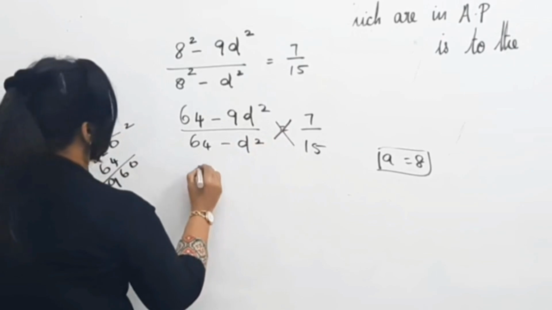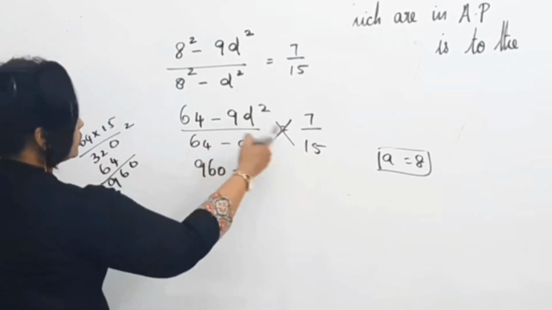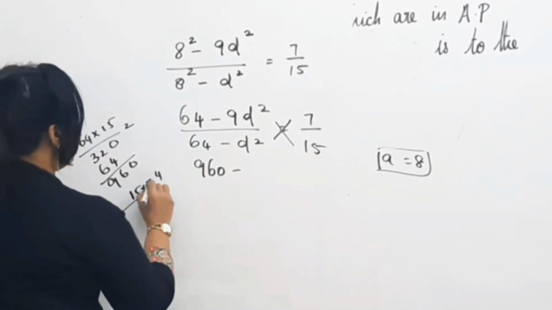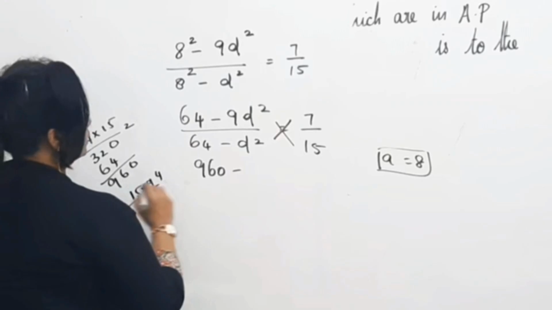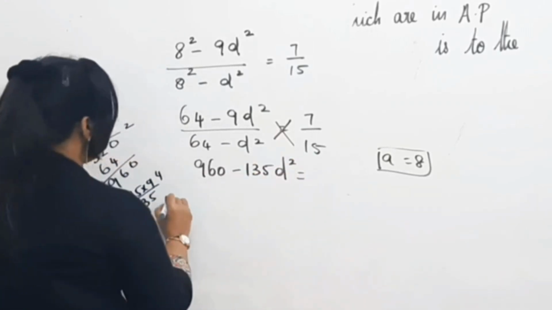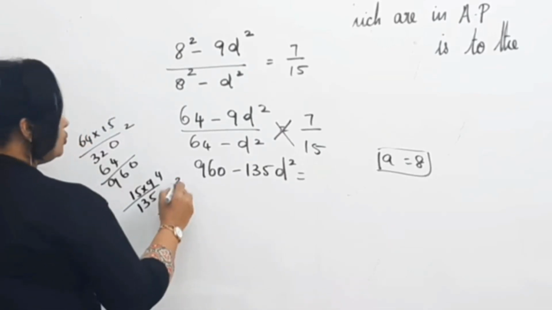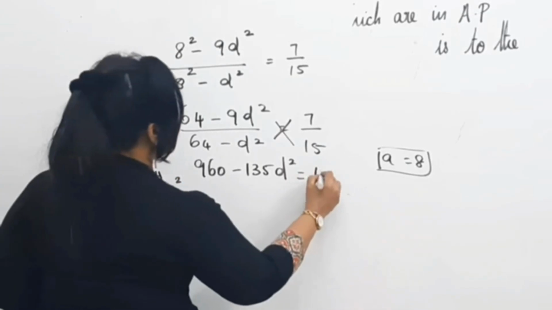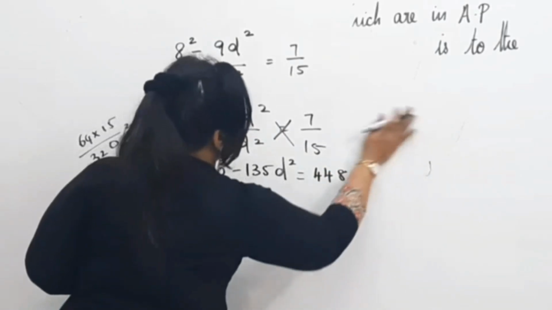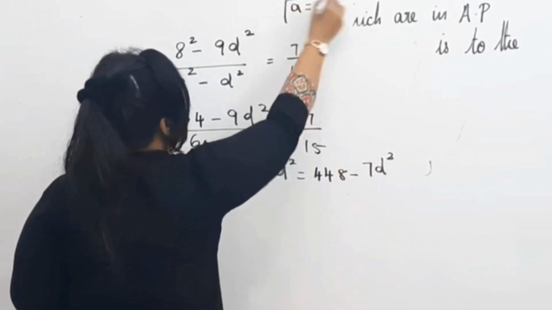So my product becomes 960 minus 9 into 15 into d square, 15 into 9 is 135 d square, is equal to 64 into 7, which is 448, minus 7d square. My a is equal to 8. I'll keep it here somewhere.